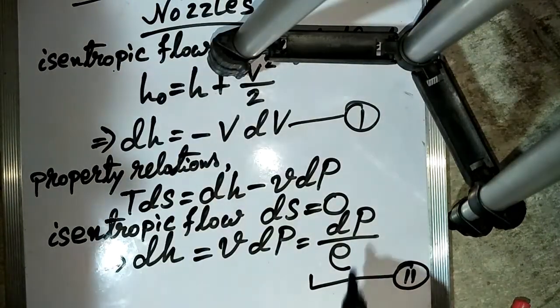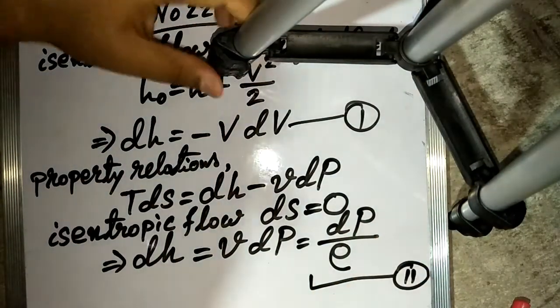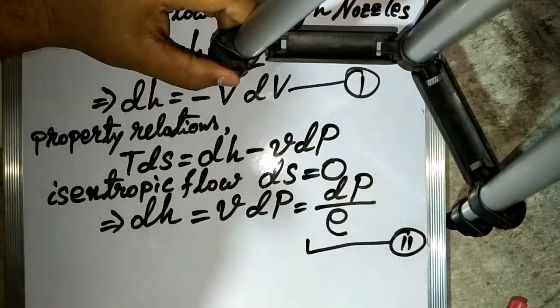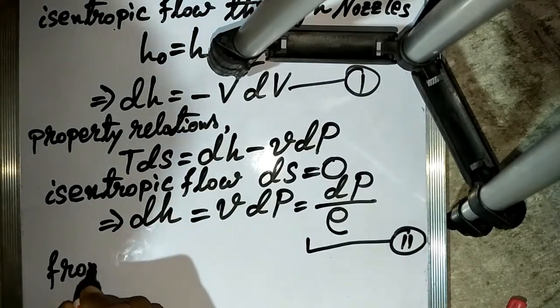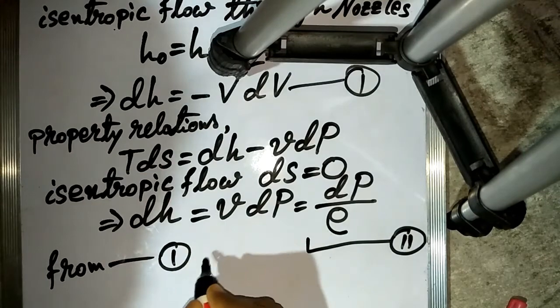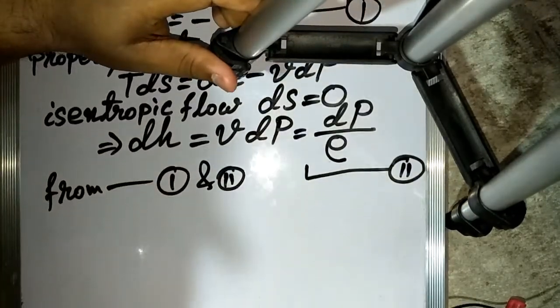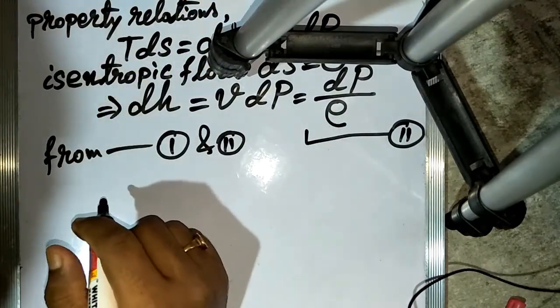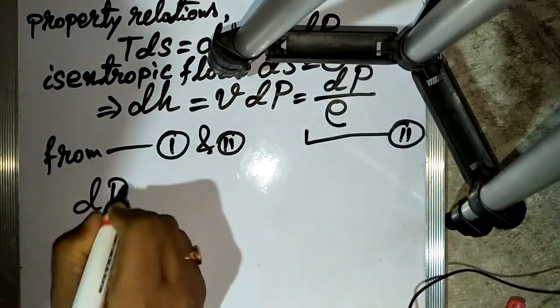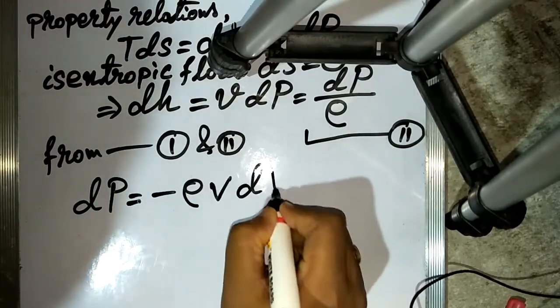So from equation number 1 and equation number 2, we can write dP is equals to minus rho V dV.